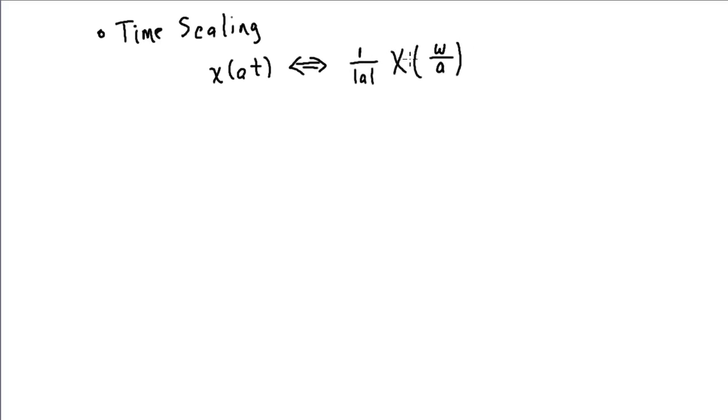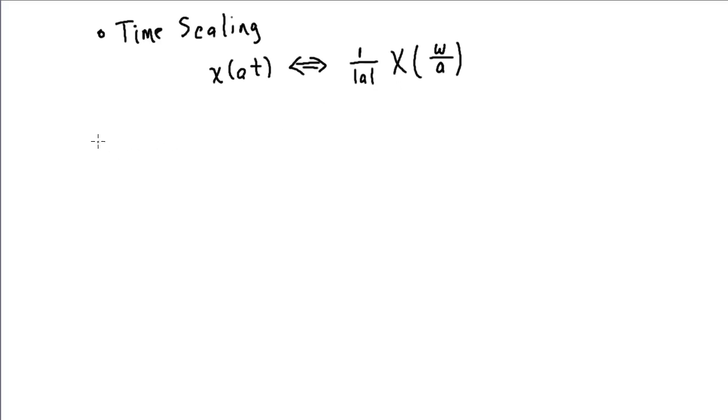So everywhere omega appears, I would replace omega with omega over a. For a greater than 1, x of at is a time compressed version of x of t, while this would be an expanded version of X of omega. So it's another demonstration of that property that we talked about before, that the smaller the duration in time, the wider the width of the spectrum in frequency.